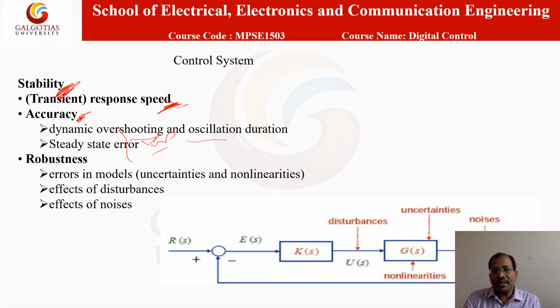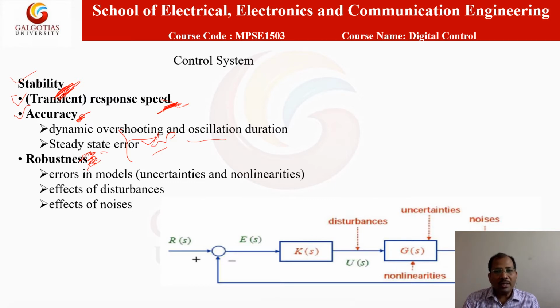After stability, speed and accuracy, which we have desired, we go for some other qualities. These are the essential qualities: accuracy, time response, and stability. Robustness is a desirable quality. It means protection against disturbances, uncertainties or non-linearities in the system, which may be internal or external, introduced by the system or injected into the system by the environment.